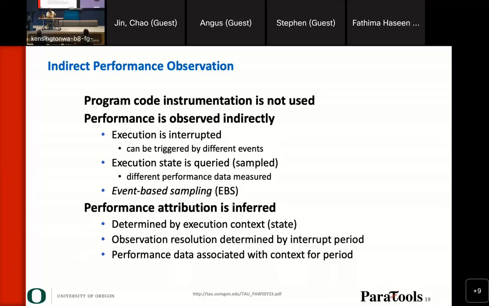And then based on that, you can infer the performance. You can say that the program was spending so much time in this code region. So based on this, you can have event-based sampling. So wherever you see the words EBS, it stands for event-based sampling. And you can interrupt the program periodically.